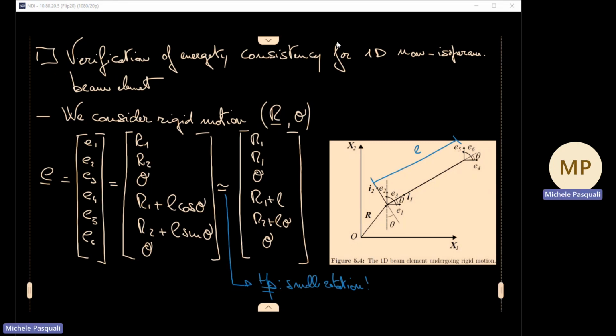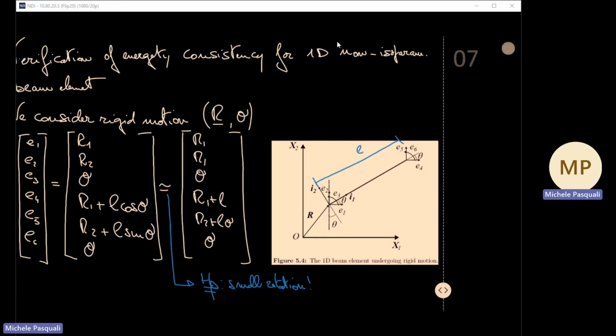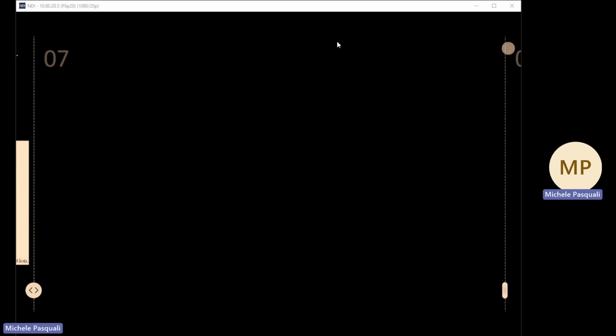Then, with this in mind, we act as we just did for the 2D element, and eventually we get P, which is equal to psi operating over E.